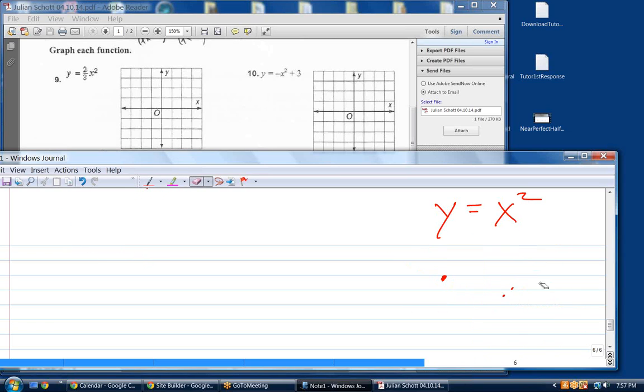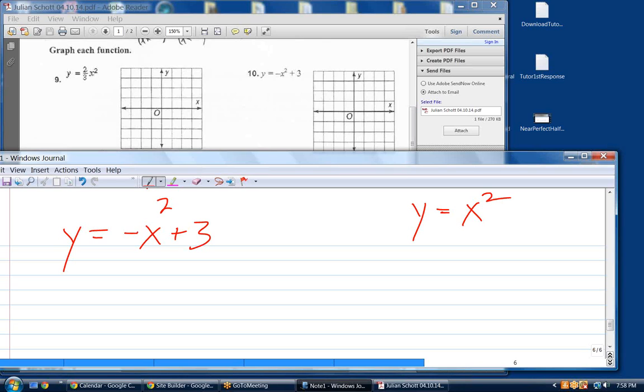We've got time for another 1 or 2 problems here. Let's look at this function on 10. Again, what is our elementary function? Just x squared. The minus sign is going to mean a reflection.